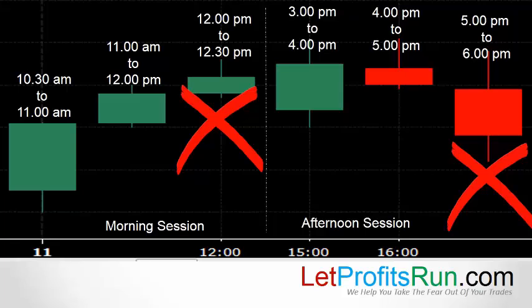Well, this kind of arrangement suits me, and it probably suits you as well, because in between the time checks, you have about an hour. For instance, you take a look at the chart at 11 o'clock, and once you've decided, whatever it is, maybe you enter or you don't enter, you have approximately 1 full hour before you need to make another decision, before you need to look at the chart.